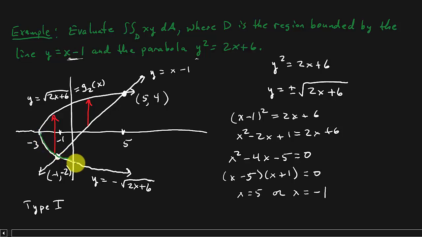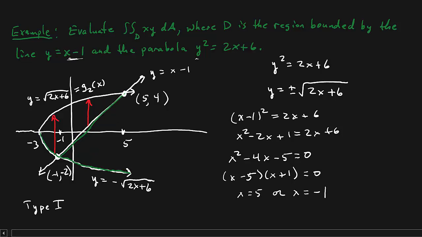Look at this, if you can see that green right there. See how this function here is on top, and then this function is on bottom? You see that? But only from -3 to -1. And then from -1 to 5, this function right here is on bottom. So it changes.